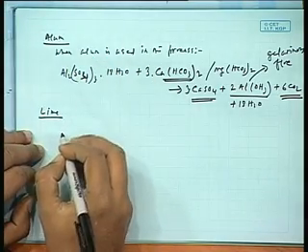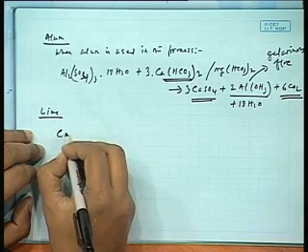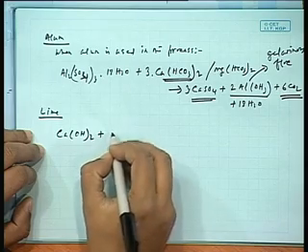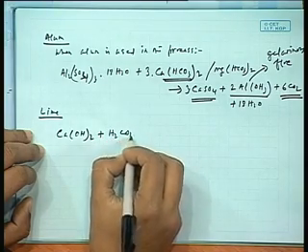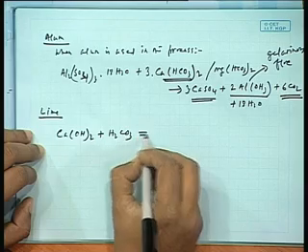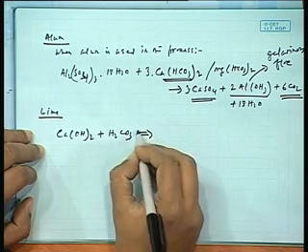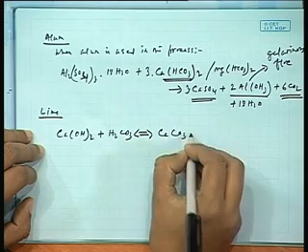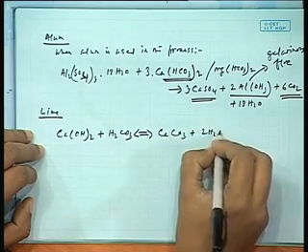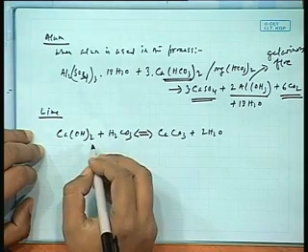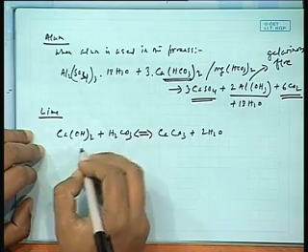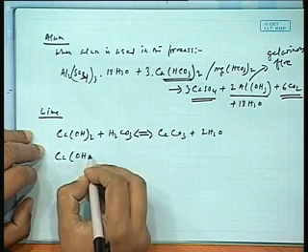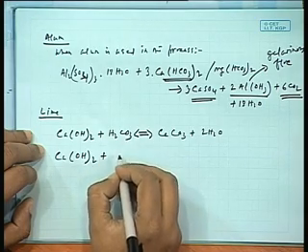When lime is added, this is lime plus H2CO3, forming calcium carbonate plus 2H2O. Another reaction that we generally observe is CaOH2 plus Ca.